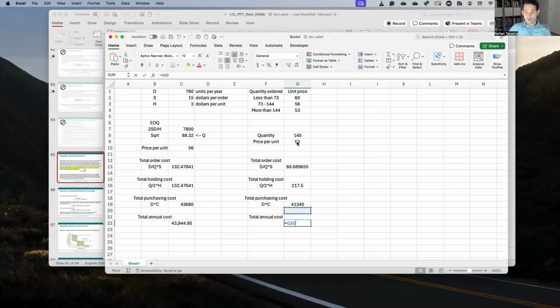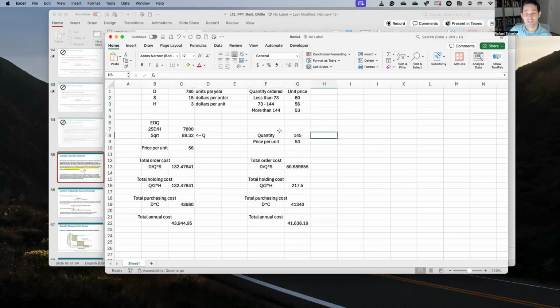So my total annual cost is going to be my purchasing cost plus my holding cost plus my ordering cost. So my annual cost here is 41,638, which is cheaper than my annual cost if I order the optimal order quantity. That is because the optimal order quantity doesn't take into account the discounts.